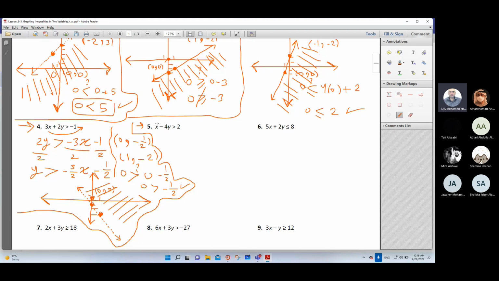The first step, try to move x to the other side. So we have here negative 4y greater than, x will be minus x plus 2. Then divide both sides by negative 4.